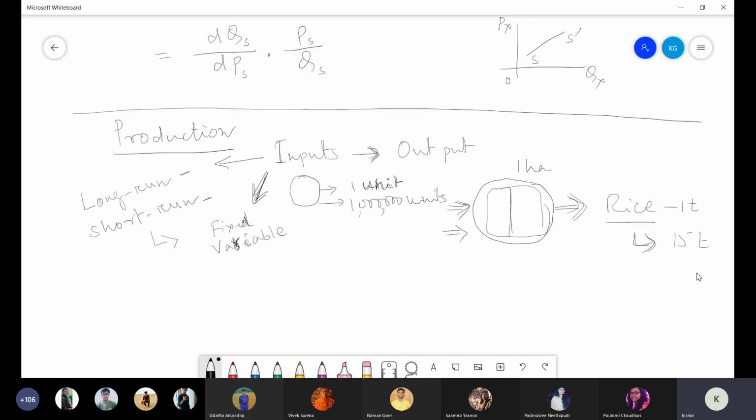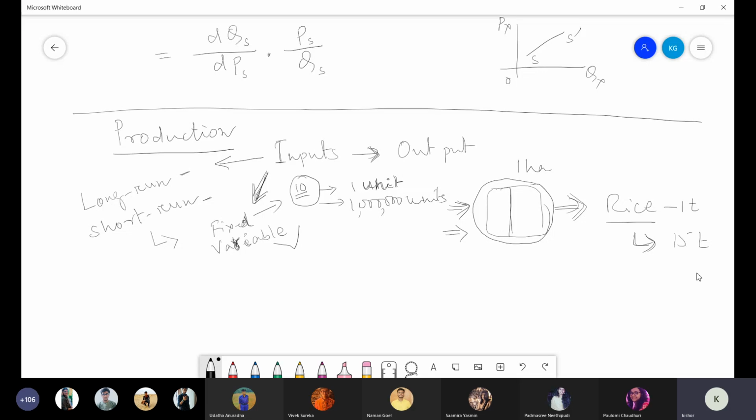This room size remains the same. The number of machines remains the same. I am considering a time period of, say, 15 days, 1 month. In my production unit I might be using maybe 10 permanent labor. So irrespective of the level of output, they remain fixed. These are called examples of fixed input.